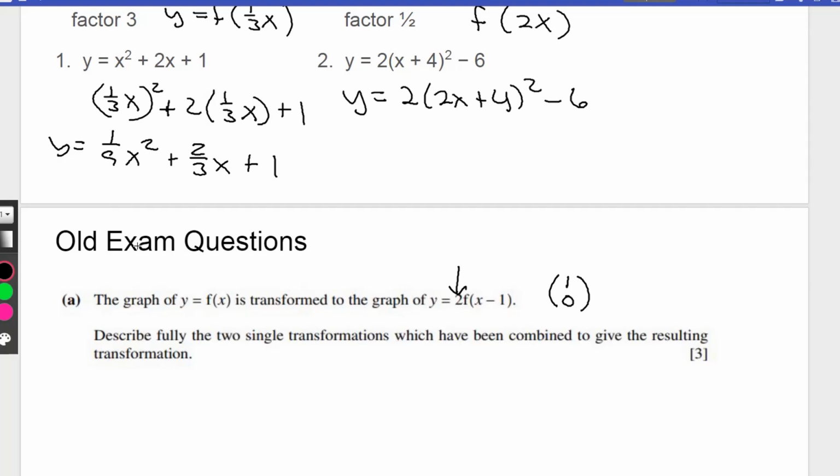Then I'm going to say a stretch by factor of 2. And see, this is a vertical stretch. So we're going to say along the y-axis, or that it's a vertical stretch. Keep in mind, there are vertical stretches and horizontal stretches, so you have to make sure that you tell them which one it is so they know that you know which one's right.